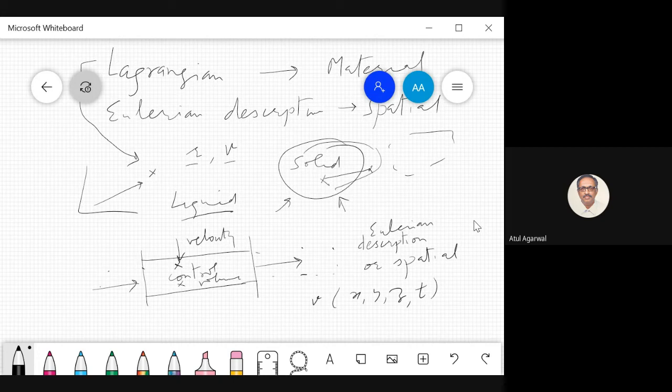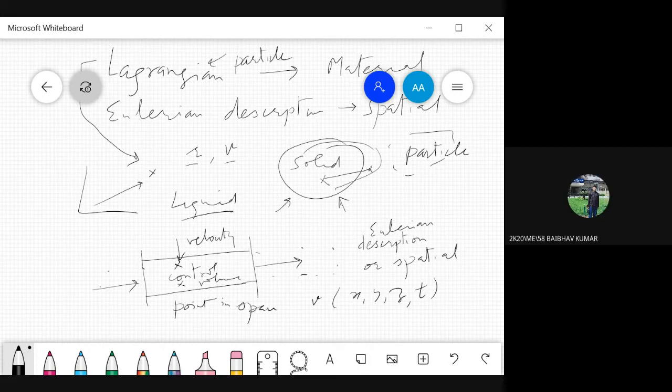So you're not giving it to a particle. Here you are giving it to a particle: what is its velocity, what is its position? So velocity is given here at a point in space. Here you are giving velocity of the particle. So do you understand the difference now?